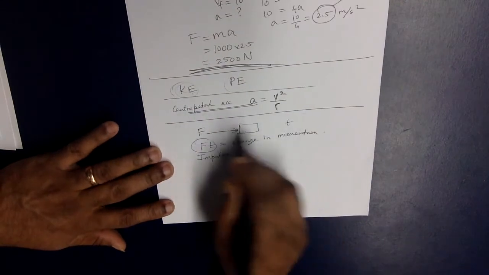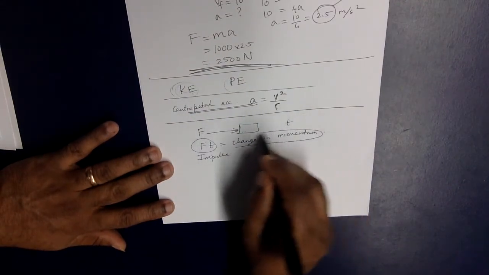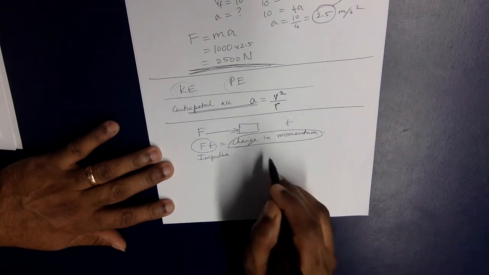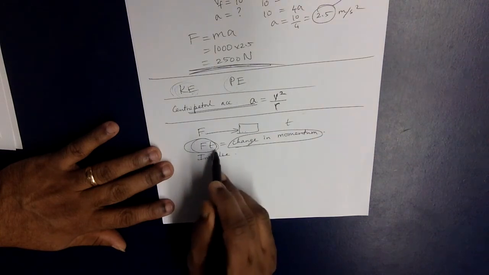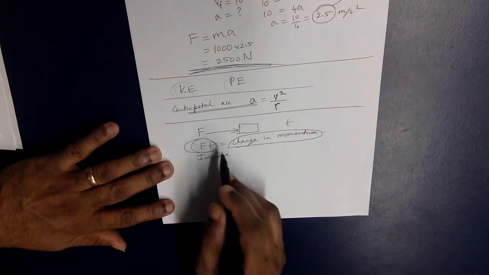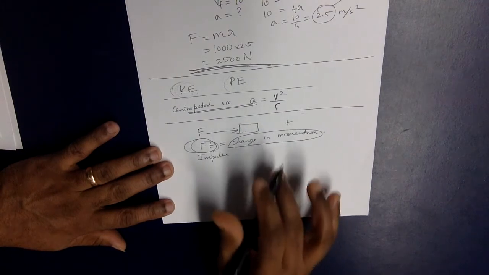So if you're given force and time, you can just multiply force and time and that will give the change in momentum. You can also multiply force and time and that will be the impulse.